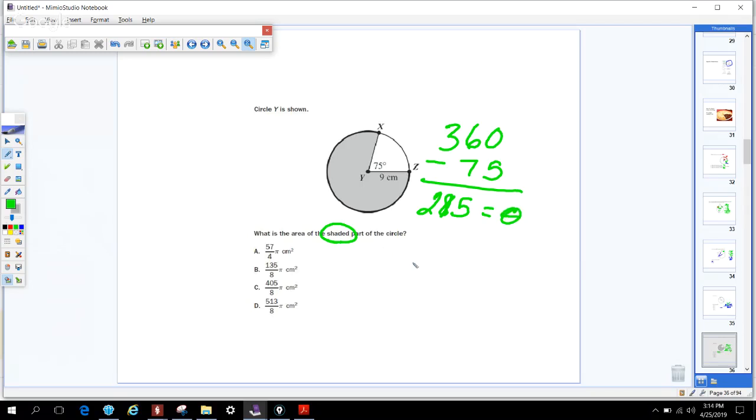And then now that you have the theta, when we plug it in, we'll plug in the 285 for theta, and we'll take out the pi. We won't put the pi into the equation. Okay? The answer to that problem, I'm not going to do all of it because I have a whole video on circles, but that answer to that problem is choice D.